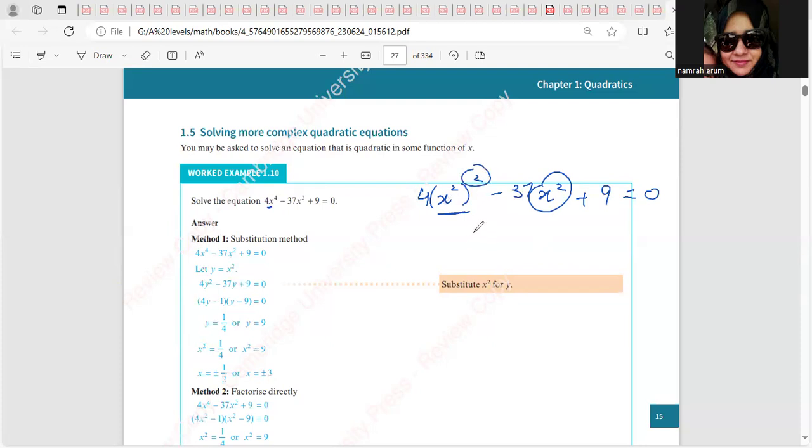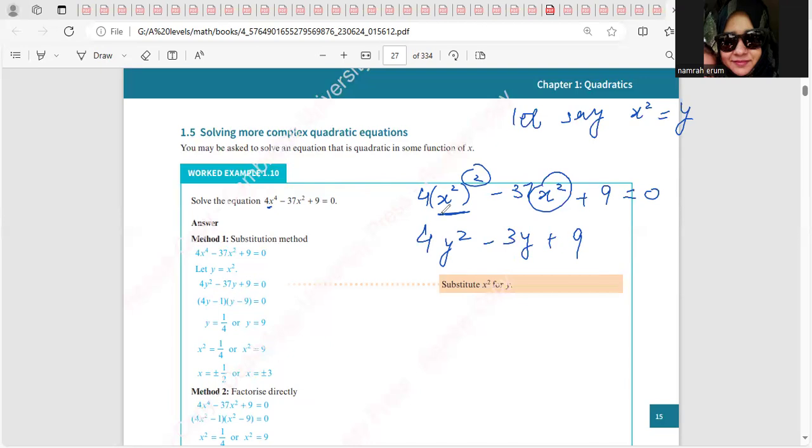Let's say x squared is equal to y. So I can write this as 4y squared minus 3y plus 9. So in complex quadratics, you need to substitute the highest power in terms of some other variable. You need to assume it as some other variable in order to solve it.